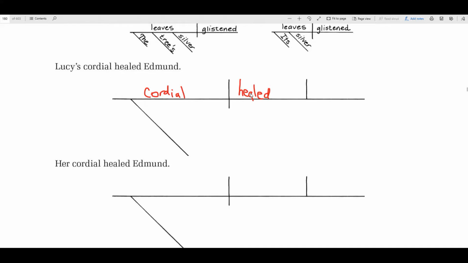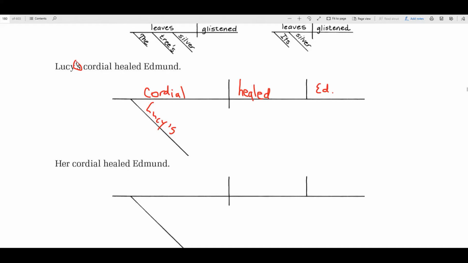Okay, so this is action. So this tells us we have a direct object. So cordial healed who or what? Edmund. I'm just going to put Ed. Right here would be Lucy's, because in this sentence, Lucy's is a possessive noun because it's showing that this belongs to her, and this apostrophe S shows you that it's possessive too.